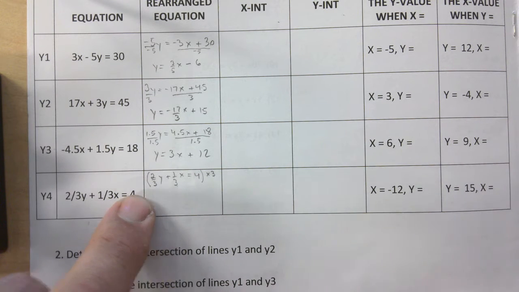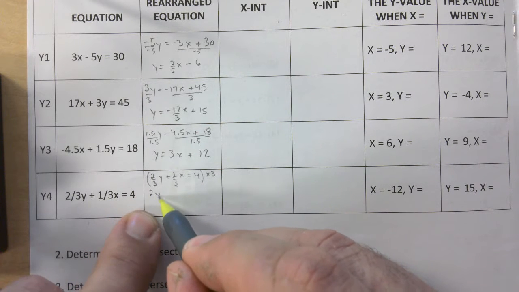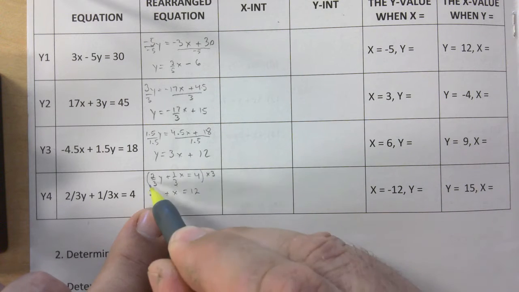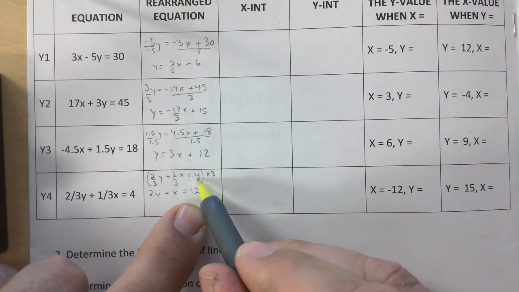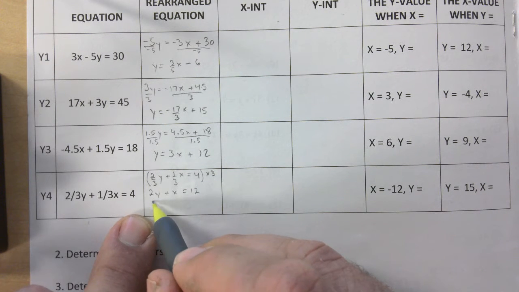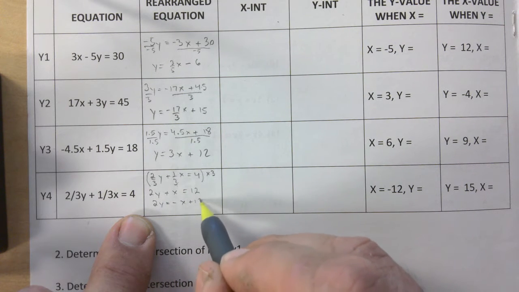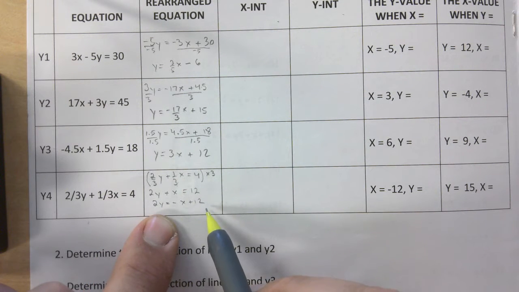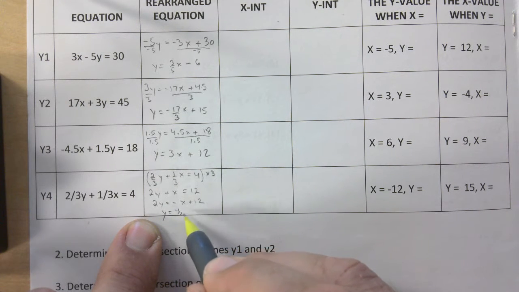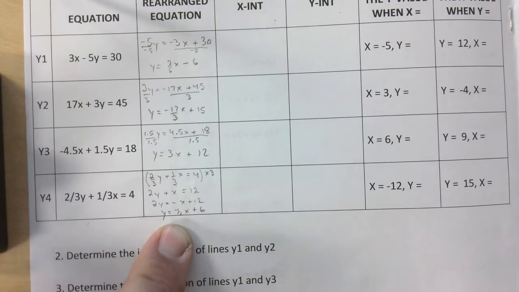So you want to get rid of that. And so this gets you 2y plus x is equal to 12. The 3 cancels out with those, but it doesn't cancel out for the 4, so you get 12. I'm going to run out of room here, but we'll make it work. Dividing everything by 2 gets you y is equal to negative 1/2 x plus 6. I apologize for that.